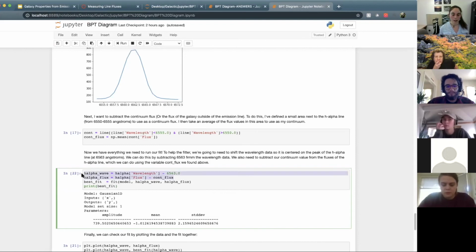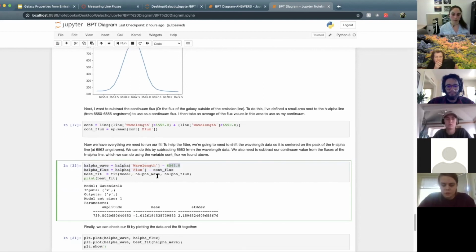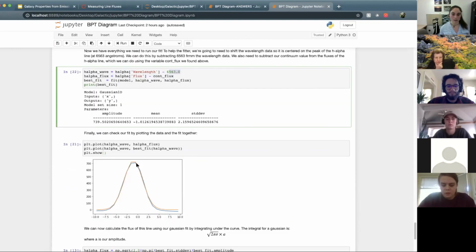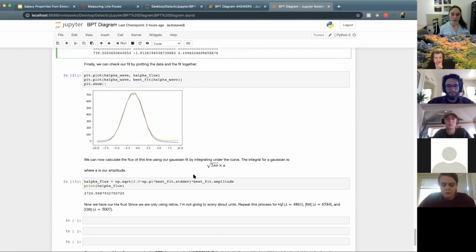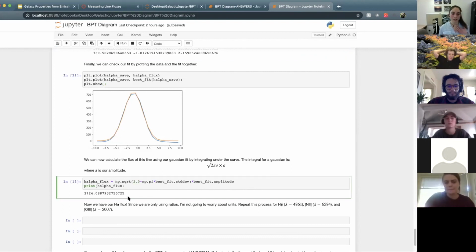Then, to help out the fitter, I center my line around 0 instead of around the actual emission line. Then we run our fit and get a nice fit of an emission line, and we can use properties of Gaussians to integrate and get a flux value for our H alpha line. That's what I have printed there.